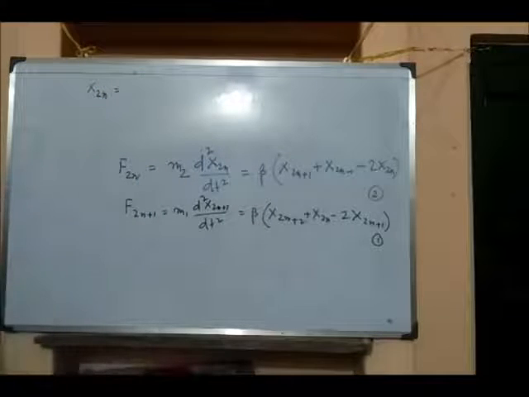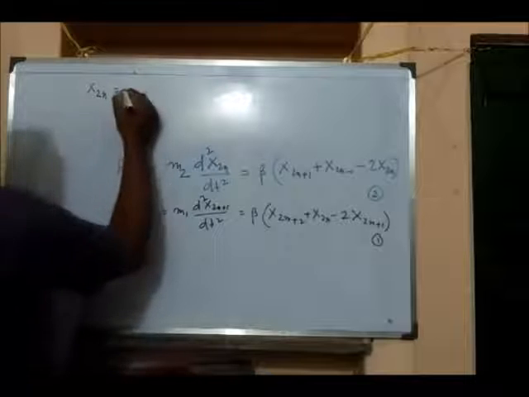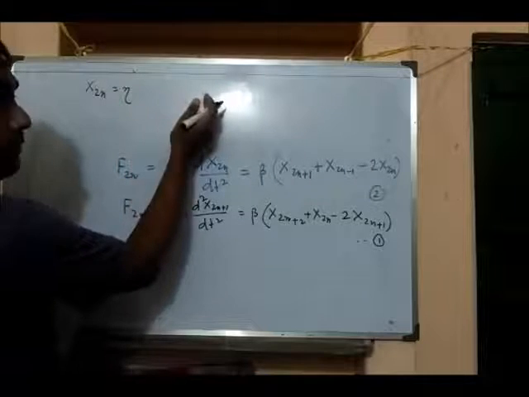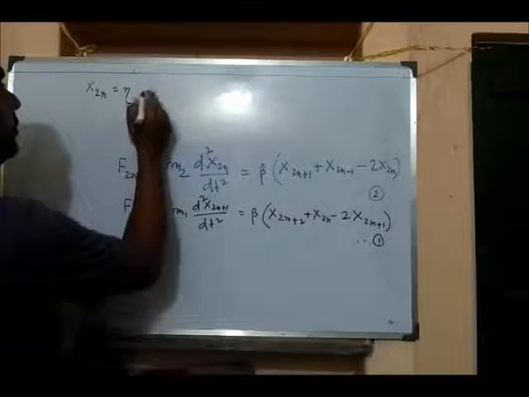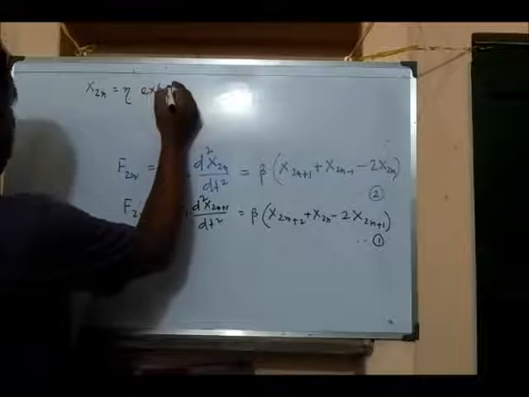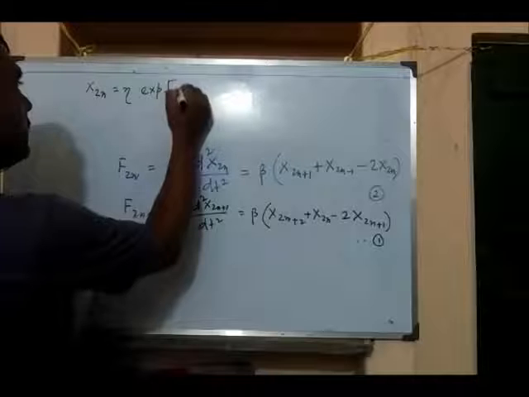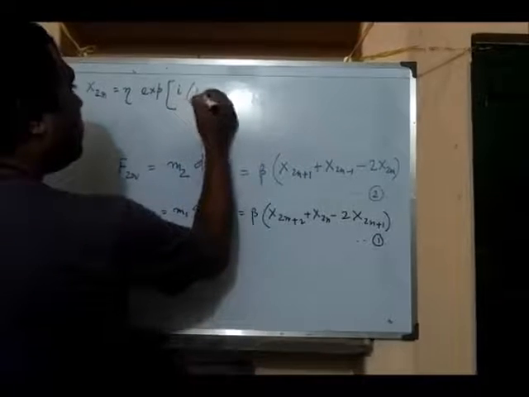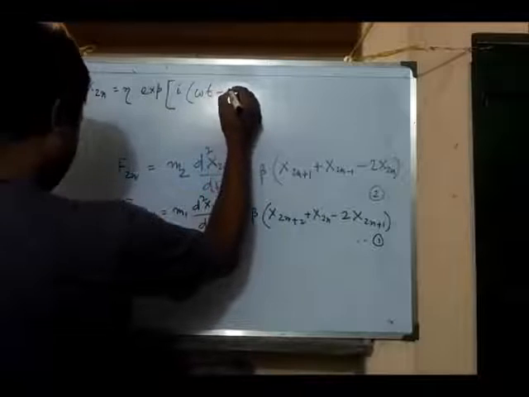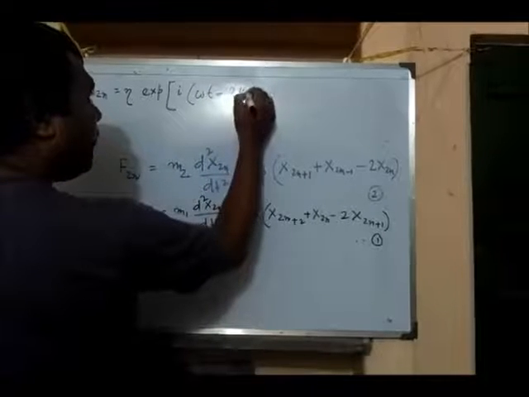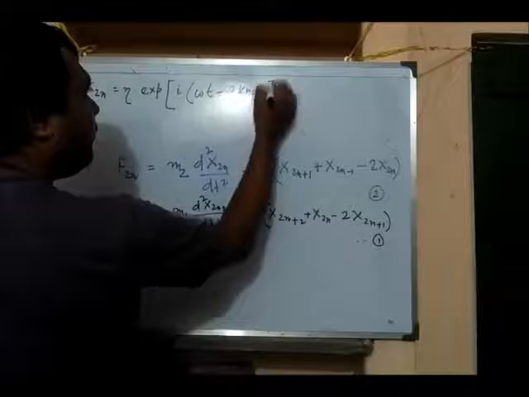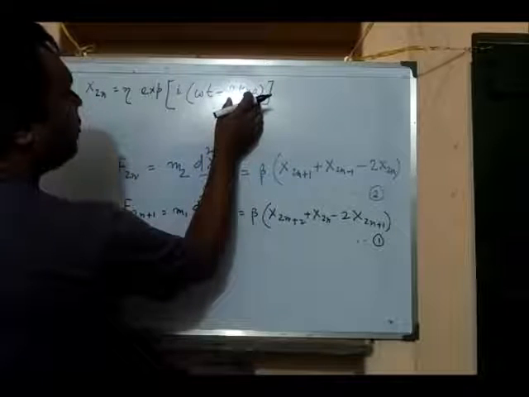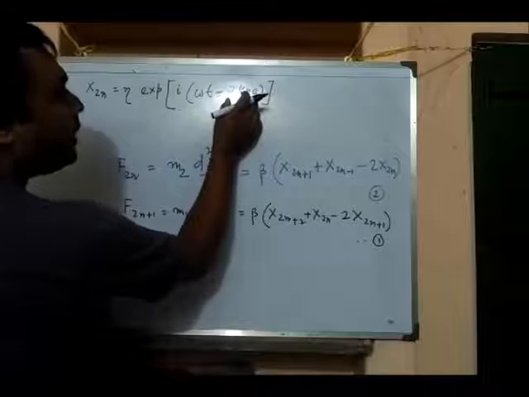So x_{2n} will be eta times, which is the amplitude, and some phase part related to this amplitude, that is exponential i, where i is the imaginary root over minus 1, (omega t minus 2nka), as two same lattice points are separated by 2a distance.